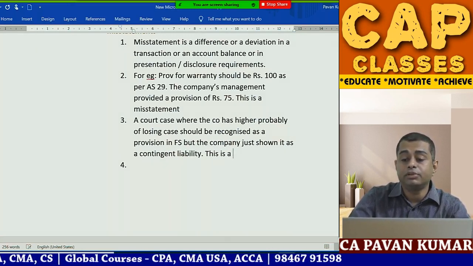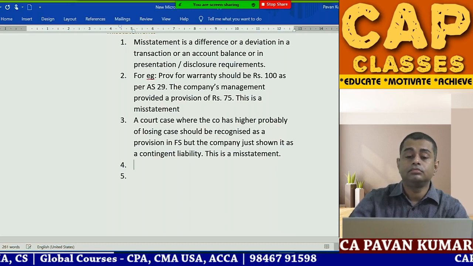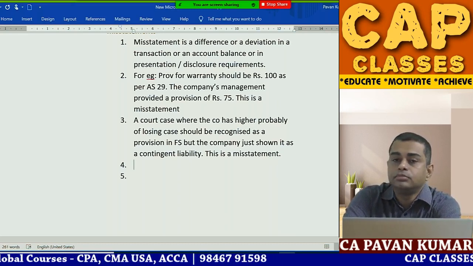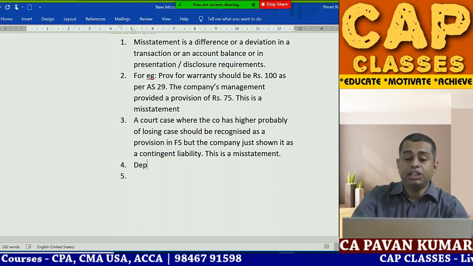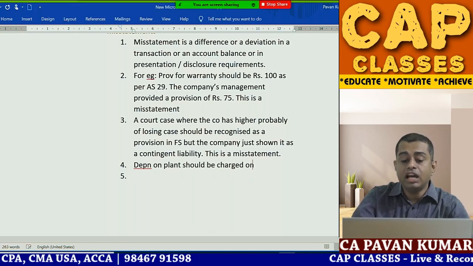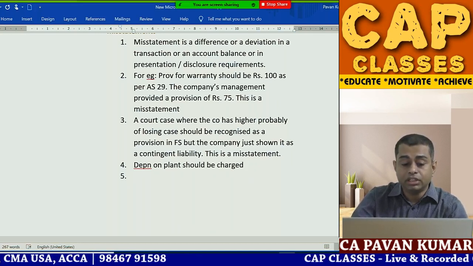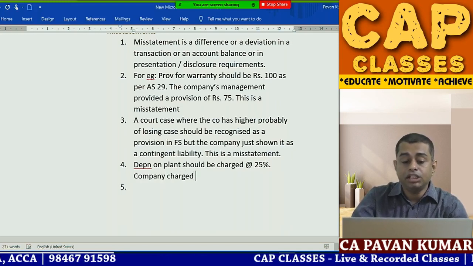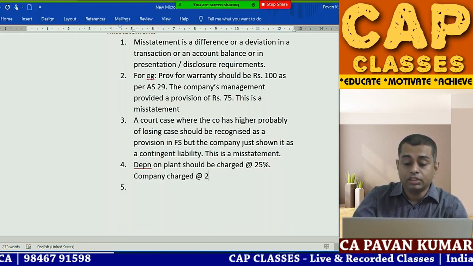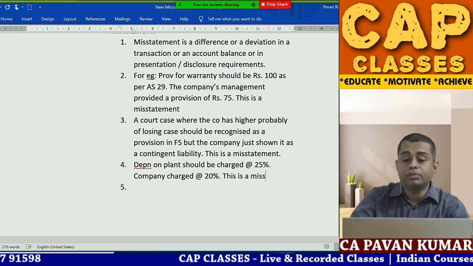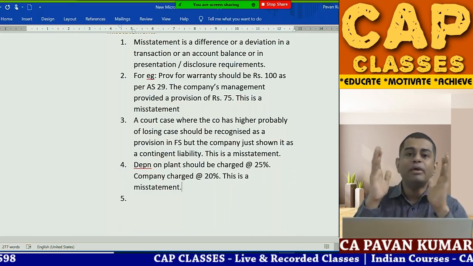This is a misstatement. Depreciation on plant should be charged at 25%. Company charged at 20%. This is a misstatement. So I have given you some examples of misstatements.